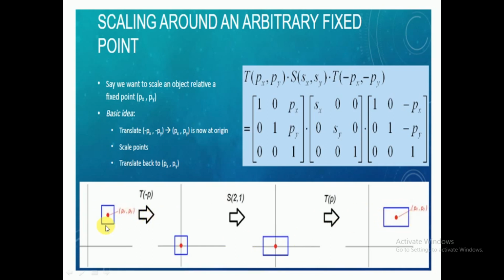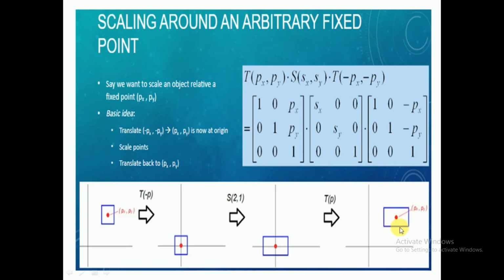Originally your matrix size was like this. Now your matrix will become like this, right? Then how have we done it? Again, as I told, inverse translation with respect to that point, then scale with respect to origin, then retranslate, right? Inverse translation matrix is minus Px, minus Py, because here when you come towards origin, inverse, then scale means you are zooming out, meaning you are making it large.